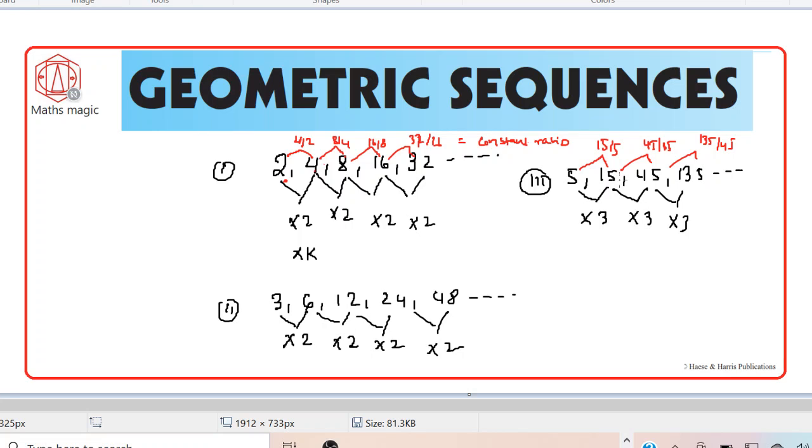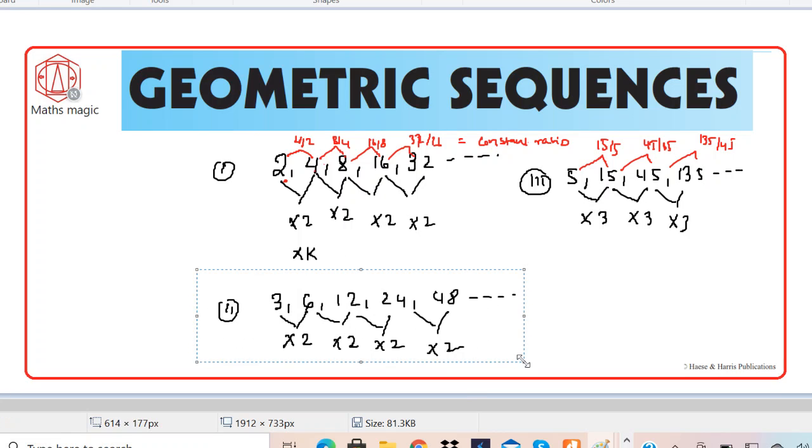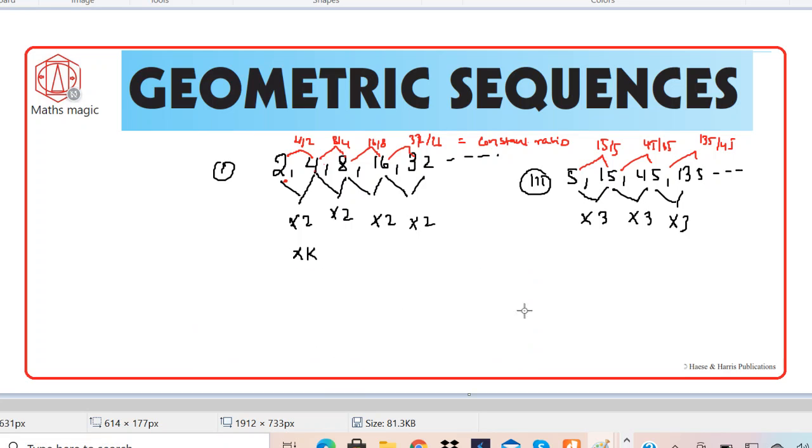Therefore, it's a geometric sequence. I gave you the easiest way to identify if any given pattern is geometric or not. Now we'll see some formulas and the nth term, which will help you find answers to any given question.